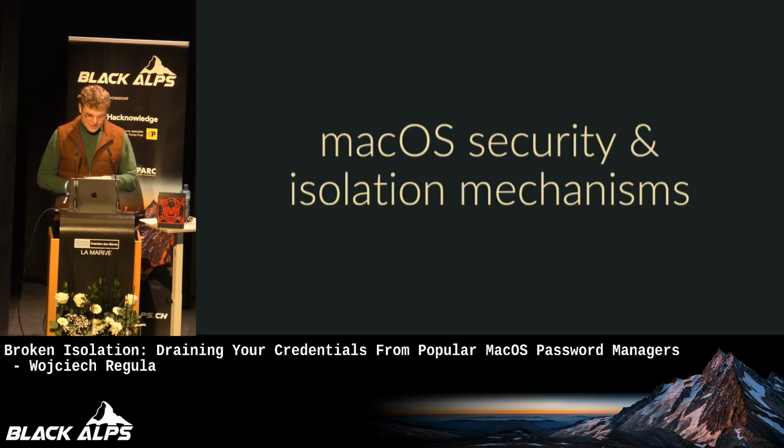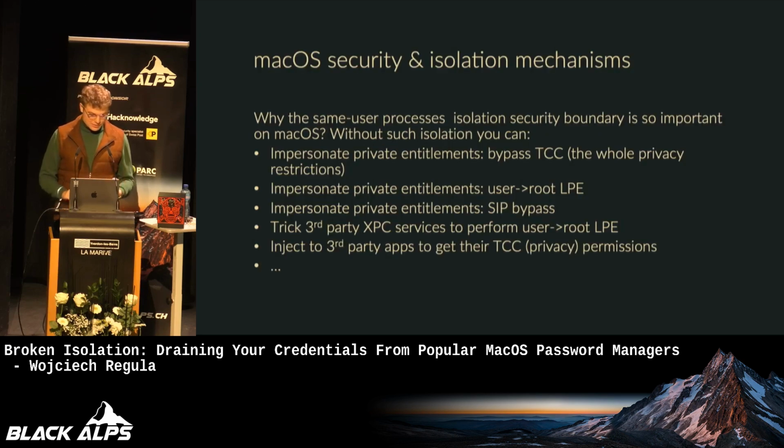Great. So now let's talk about the isolation mechanisms that work under the hood. But before I start explaining the basic isolation things, I'm going to tell you what would happen if there were no kind of isolation. Without isolation, you can, for example, impersonate private entitlements, which would lead to bypassing TCC, which is the whole privacy idea.